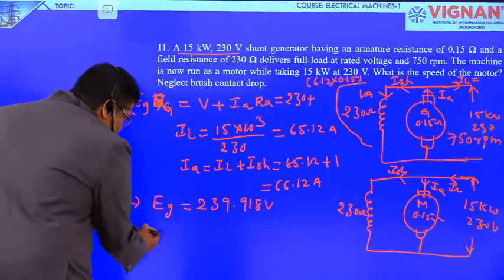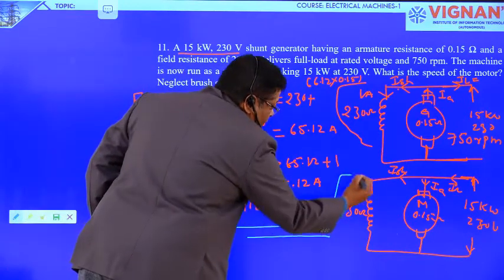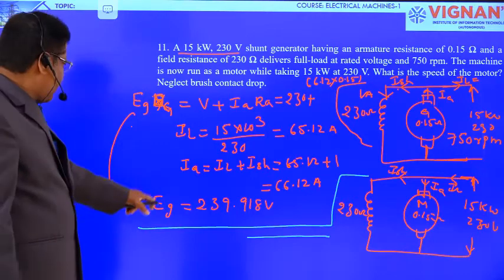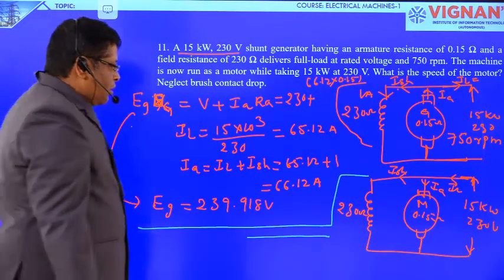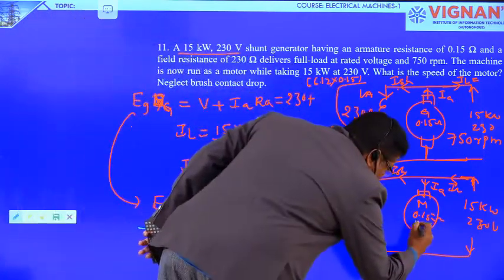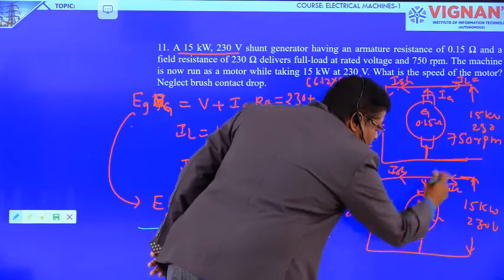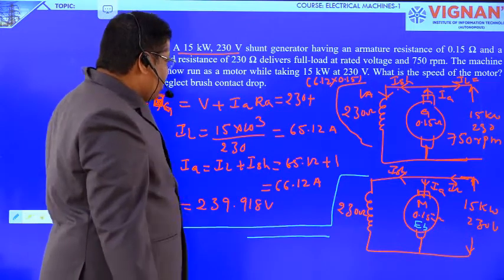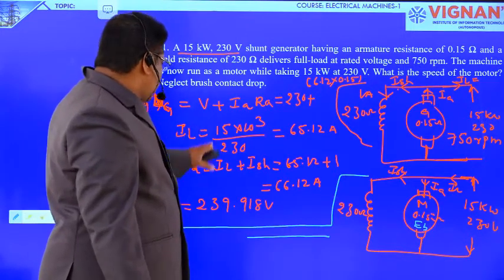Now, that was as a generator. Now we are calculating the back EMF as a motor. Now here the back EMF is EB. Apply the KVL in this loop. See here, already we calculated the value of IL.